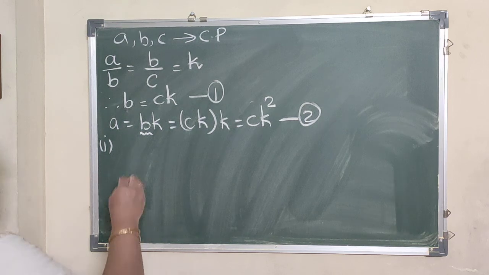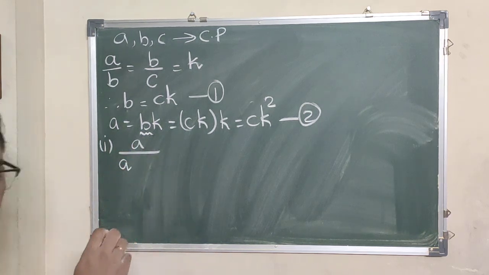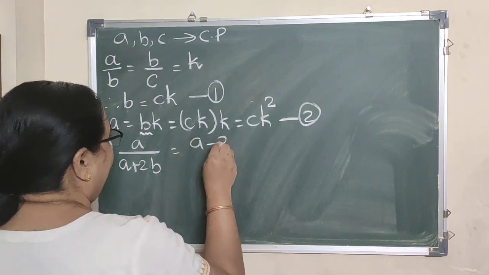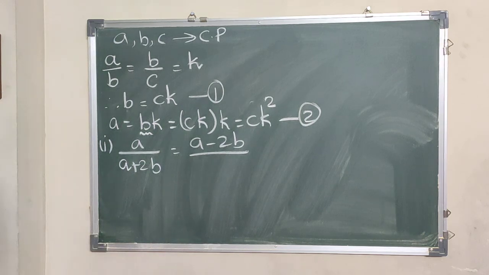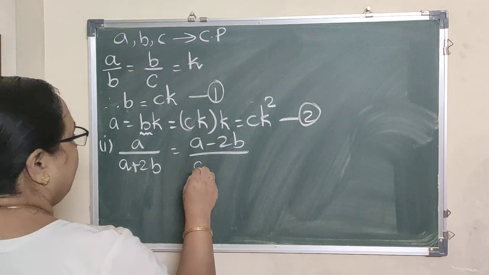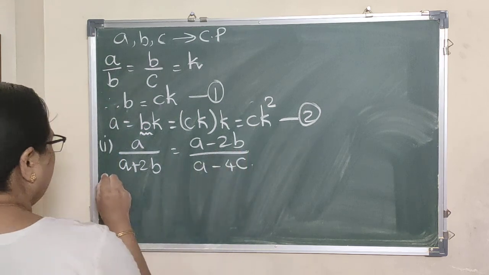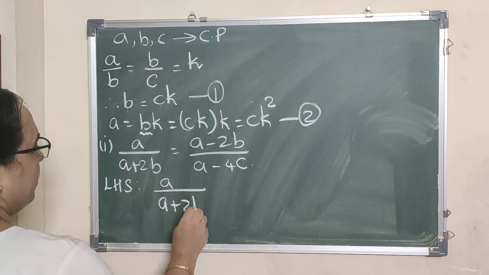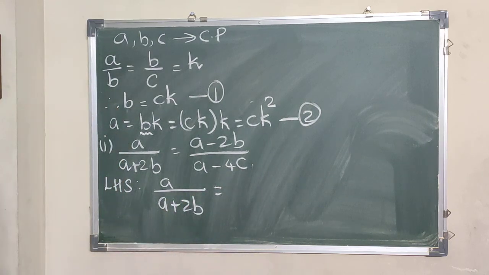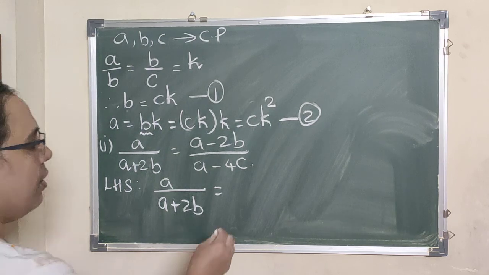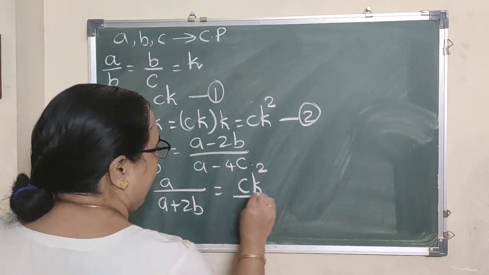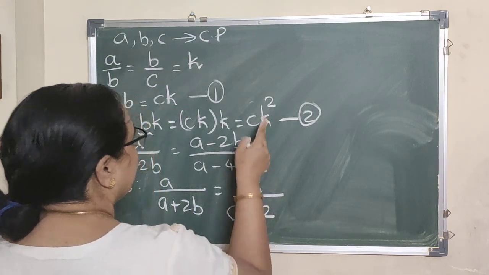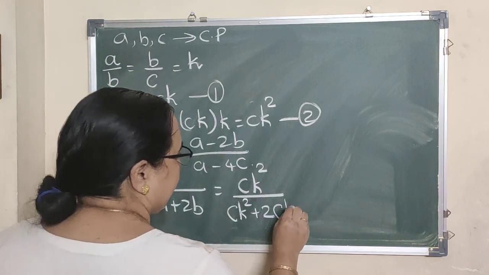So what is the left hand side? A upon A plus 2B, times A minus 2B upon A minus 4C. Okay, so let us take the LHS. A upon A plus 2B. So what is A according to what we have assumed? A is nothing but CK square, upon CK square plus twice B, which is CK.